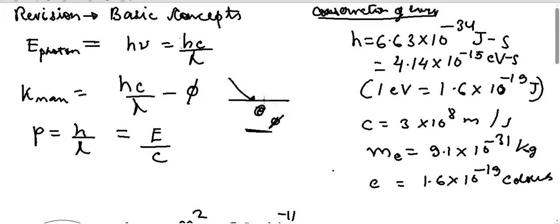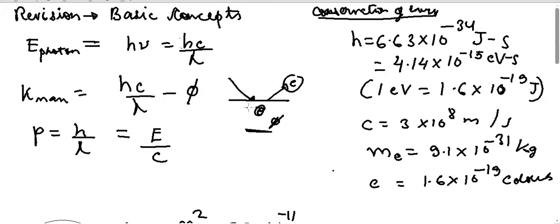And if this h mu is at least equal to phi or more than phi, then the electron will be ejected. From conservation of energy, hc by lambda is the energy which has been transferred to the electron.